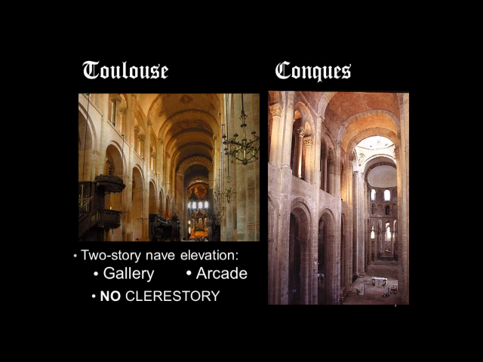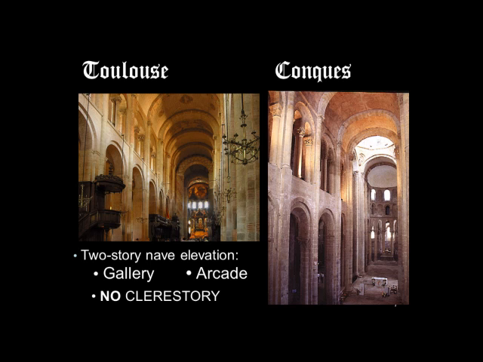The nave elevation is 2 stories. You've got the arcade level on the ground, the arches, and then that 2nd story, the gallery, with the arches on the 2nd level. But there's no clerestory. We often talk about this as though it's typical pilgrimage road architecture.